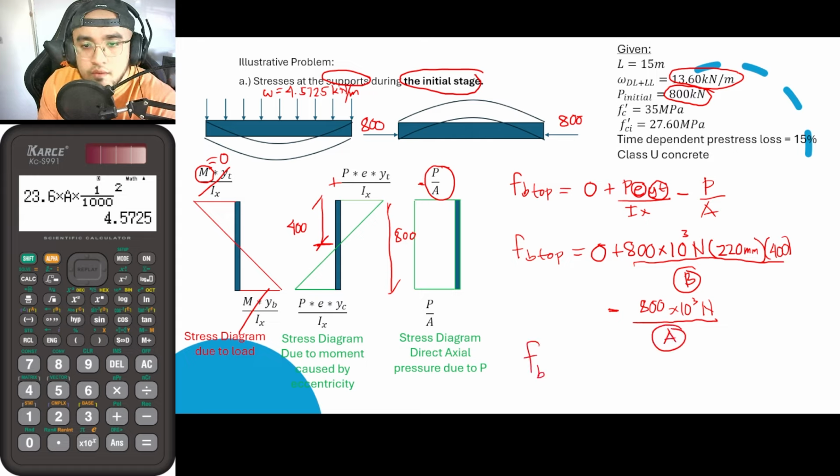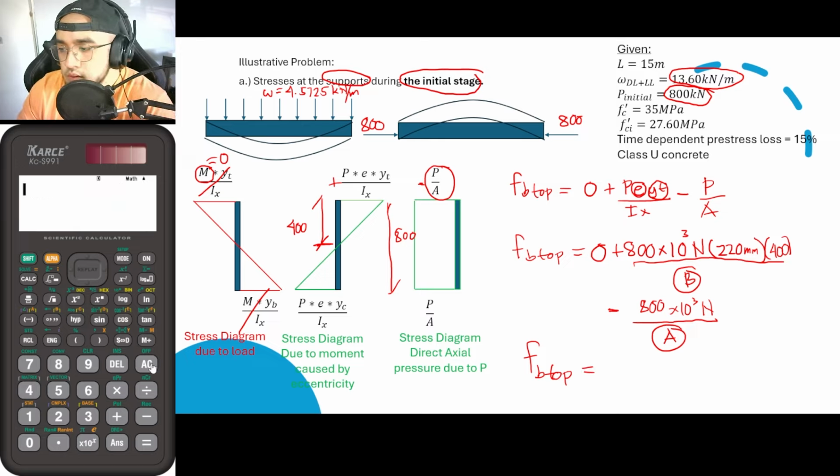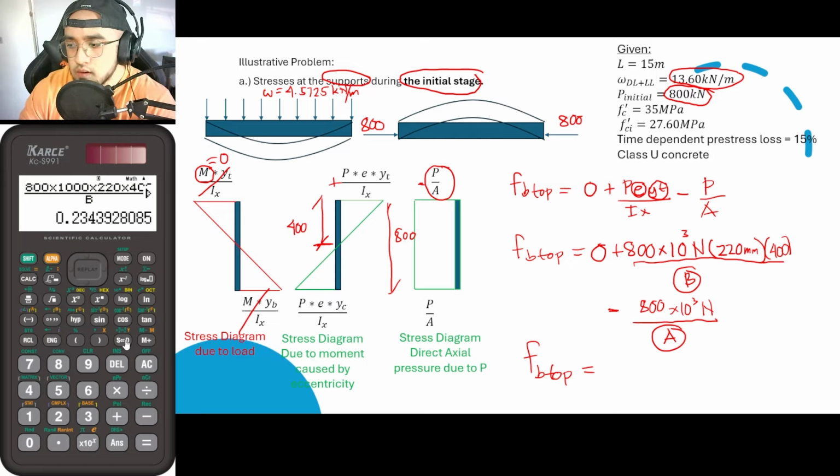So for FB top, initially that is equal to 800 times 10 raised to 3 times 220 times 400 divided by B, minus 800,000 divided by A. This is due to the actual compressive force.